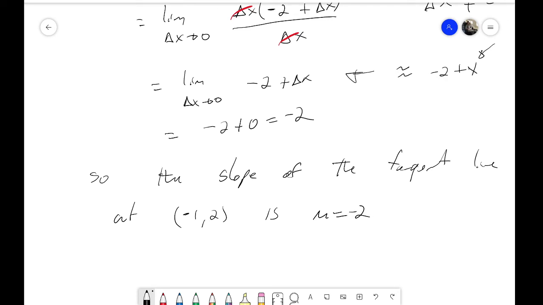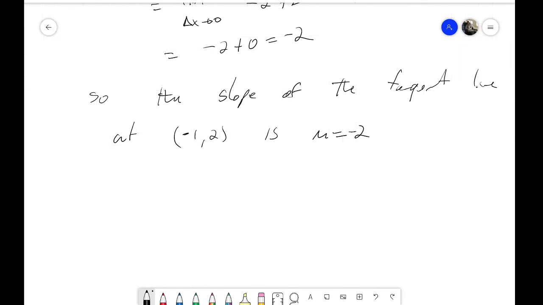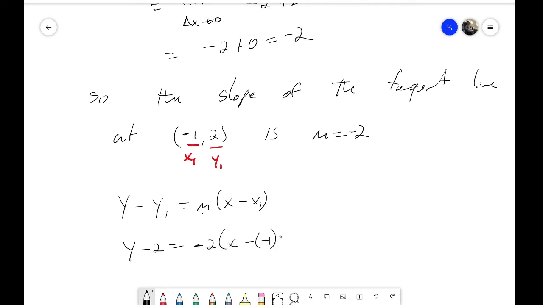Now I didn't do it for the other problem, so I'm going to do it for this one. If you need to find the actual tangent line, then all you have to do is again use the slope point formula, which is this. This is your x1 value, this is your y1 value. So we have y minus 2 equals m, which we know is minus 2, times x minus minus 1.